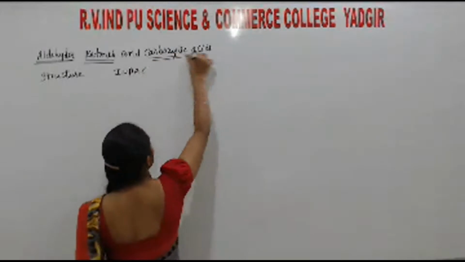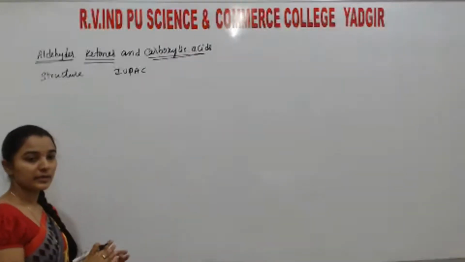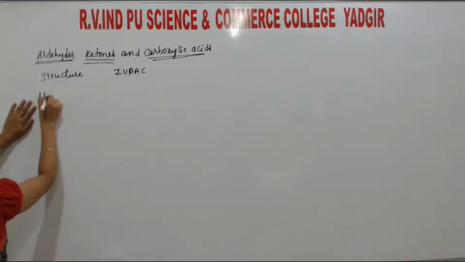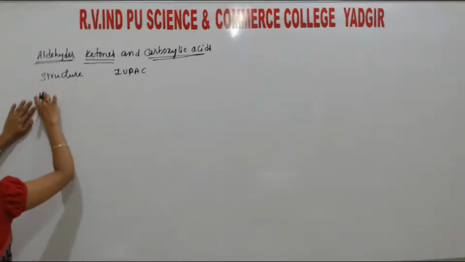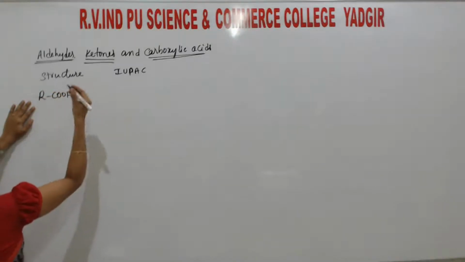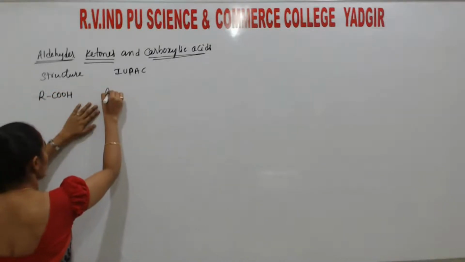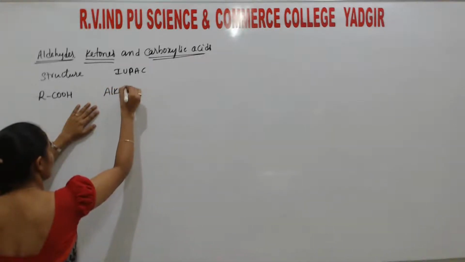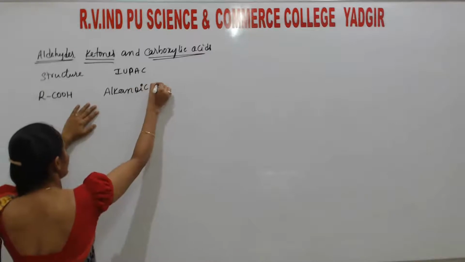Now, this carboxylic acid. In this carboxylic acid, start with the first one. RCOOH is taken as alkane, and the last e is replaced by oic acid.